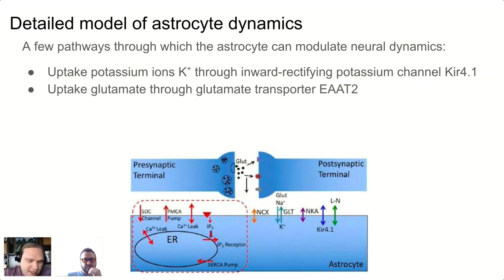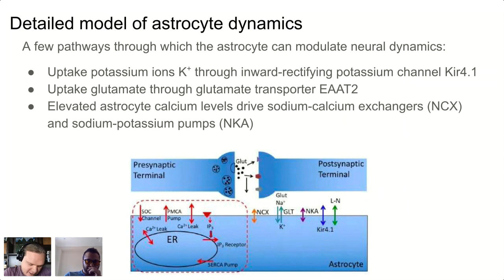Glutamate is an excitatory neurotransmitter released by the presynaptic neuron, and it attaches to receptors on the postsynaptic neuron, causing it to fire an action potential. But glutamate is not taken up by the postsynaptic neuron. It unbinds and could rebind after some recharge time, unless it diffuses out of the cleft or is taken up by the astrocyte. So another astrocyte role is to clear that glutamate so that we don't have runaway excitability in the synaptic cleft.